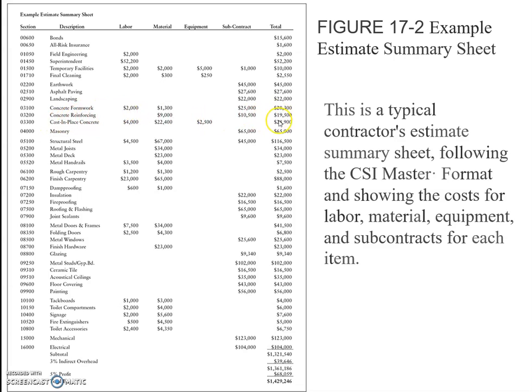So if we add these up, it will be $76,700 for the concrete.